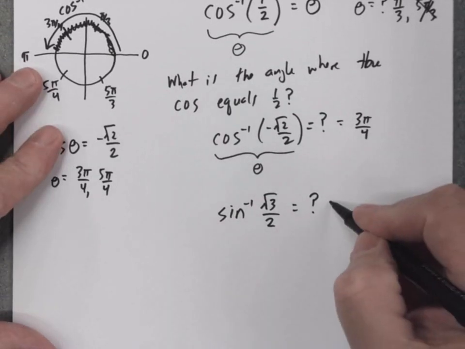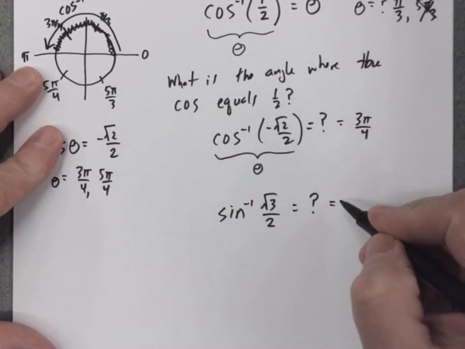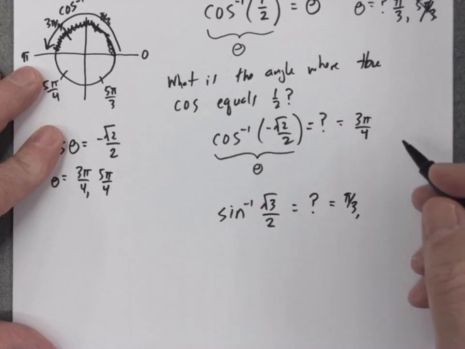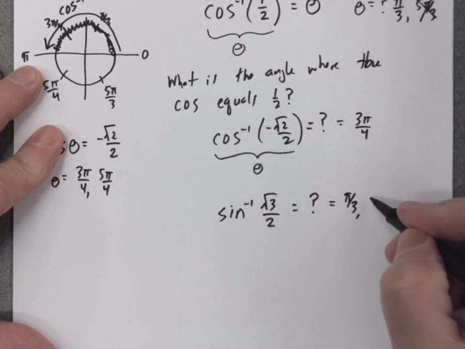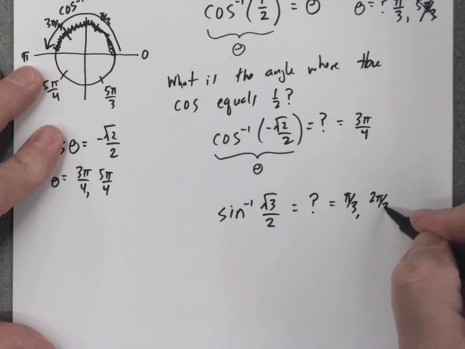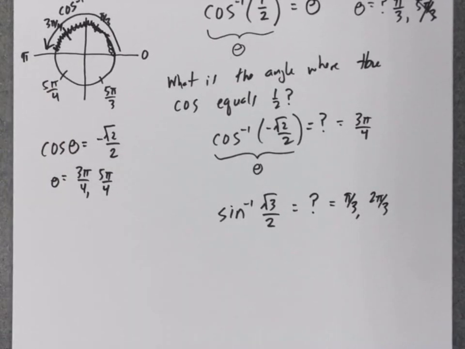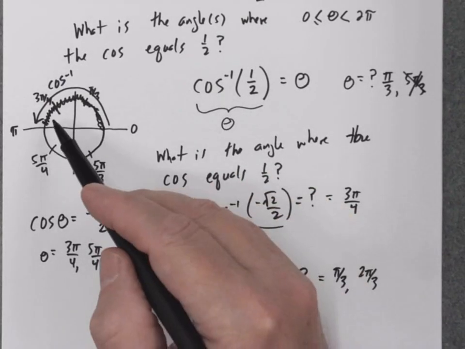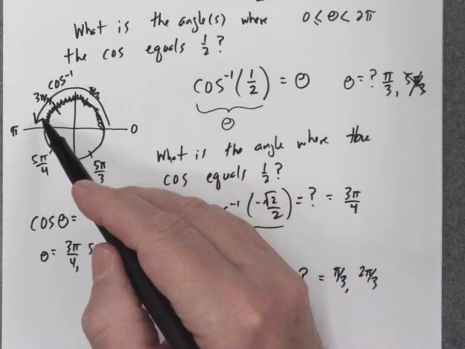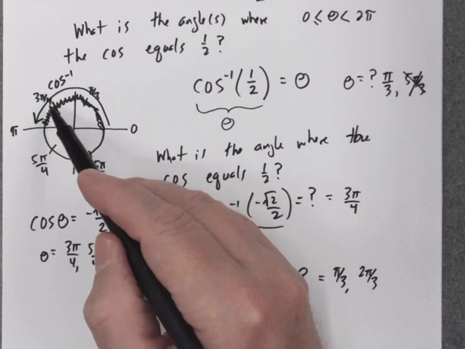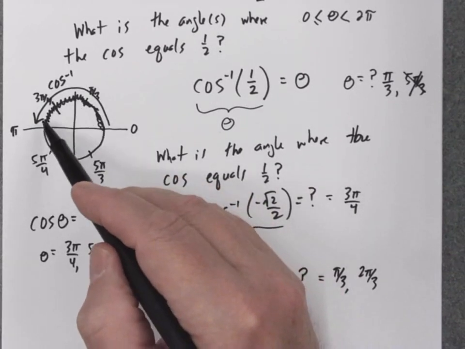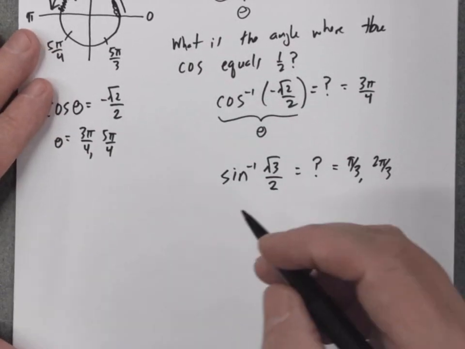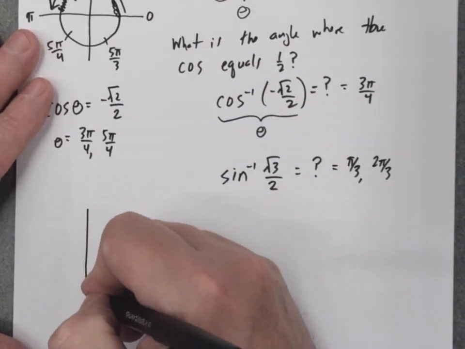So once again, you would think you would have two angles in your answer. However, just like inverse cosine has the special constraint where the angles have to be in the top half of the unit circle, you know what happens with inverse sines?